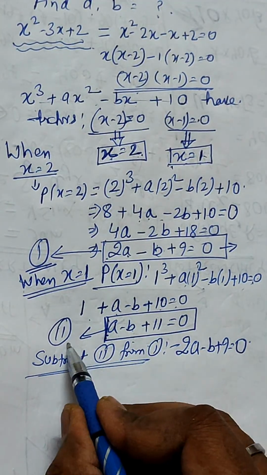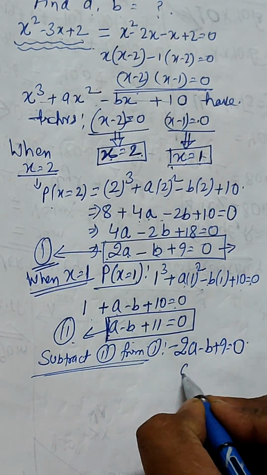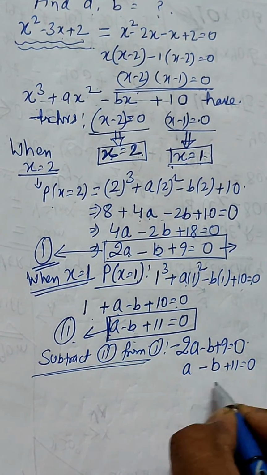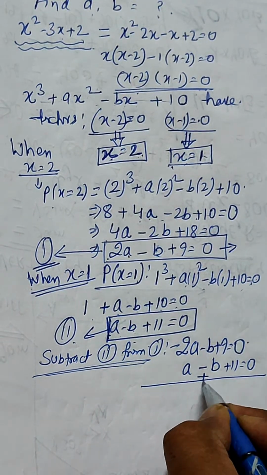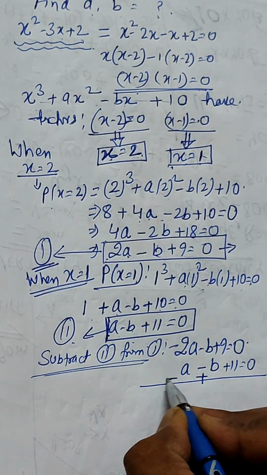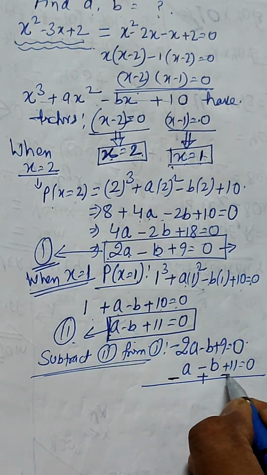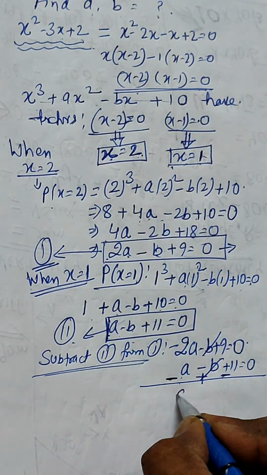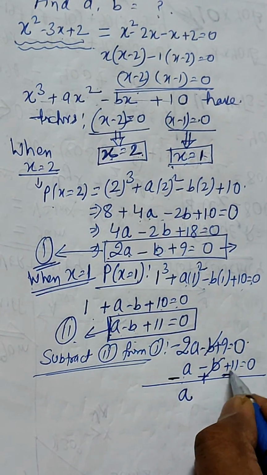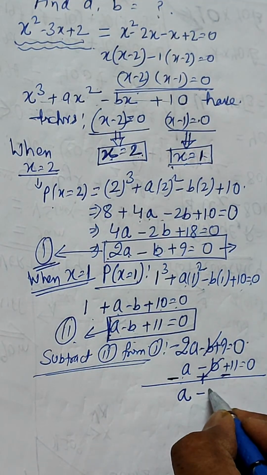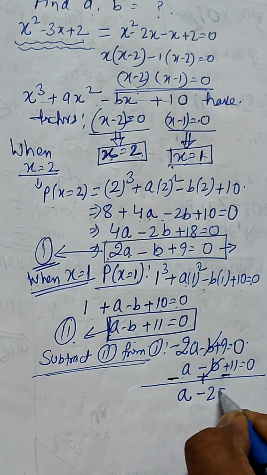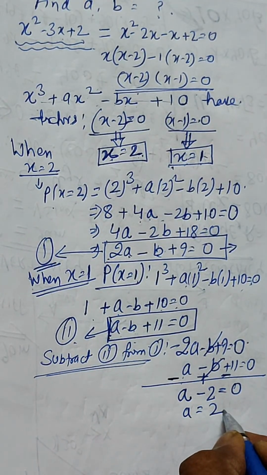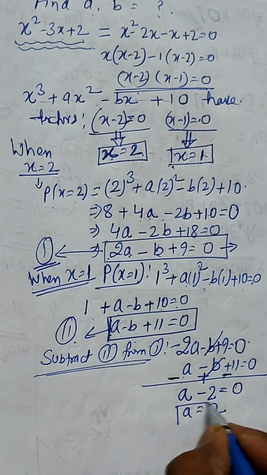And equation number 2 is a minus b plus 11 equal to 0, right? The sign of the subtracting polynomial will be changed. So here b and b will be cancelled out. So this will give you 2a minus a, which is a, minus 11 plus 9, which will give you minus 2 equal to 0. So this will give you the value of a as 2.